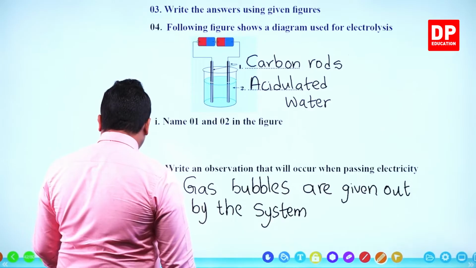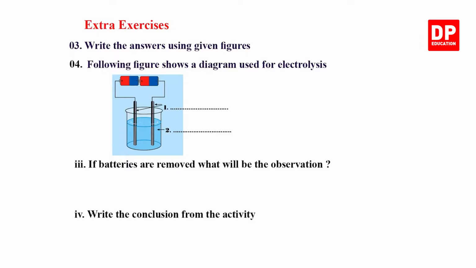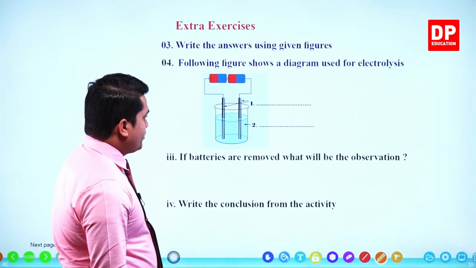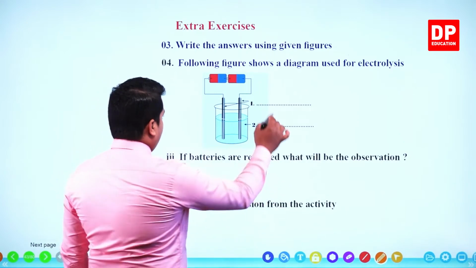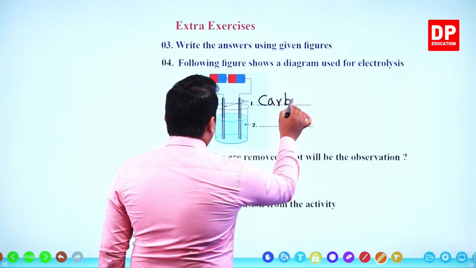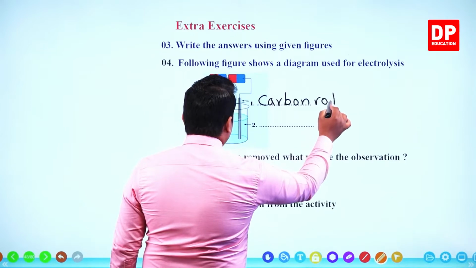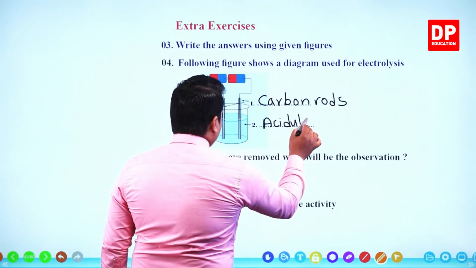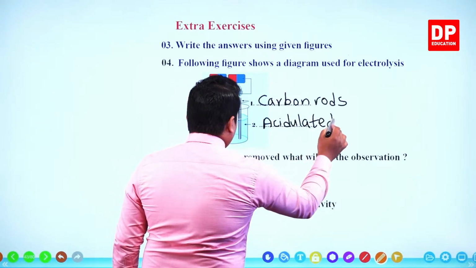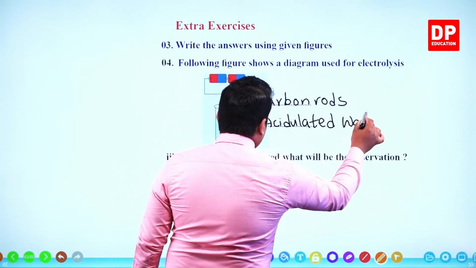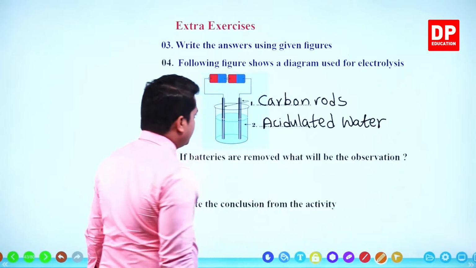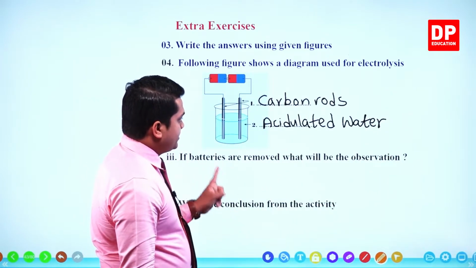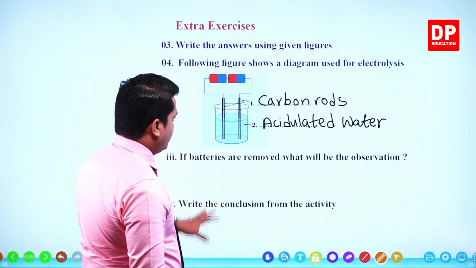So let's see what is the other question given. If batteries are removed, what will be the observation? I'm going to remove the battery. So these are the carbon rods once again, and acidulated water.